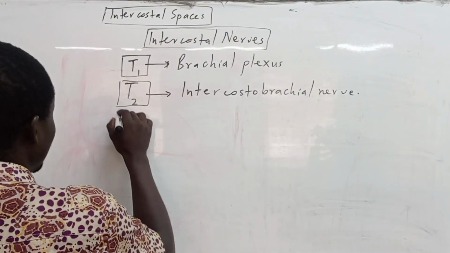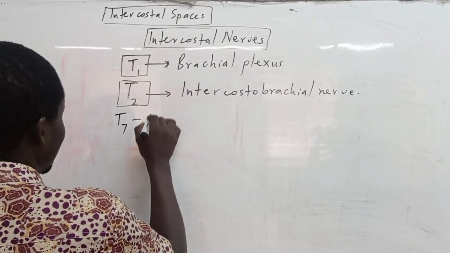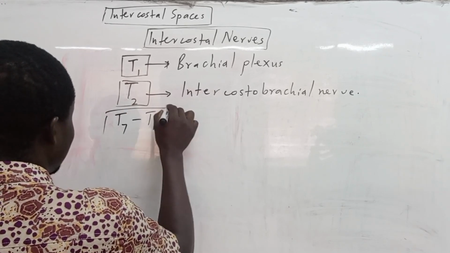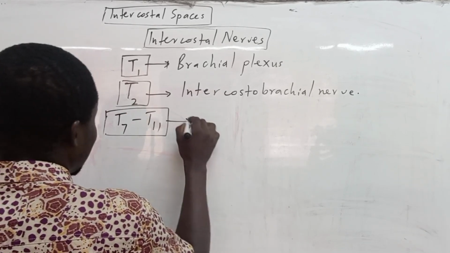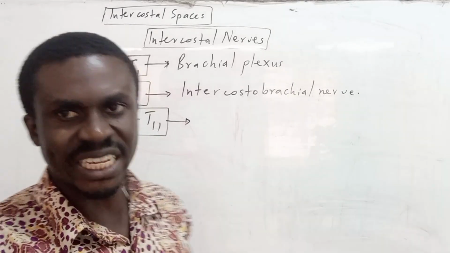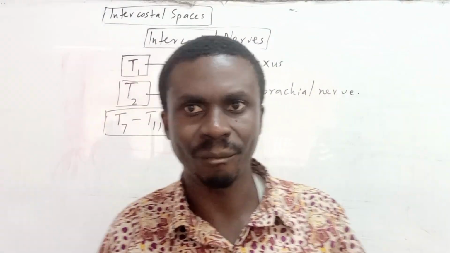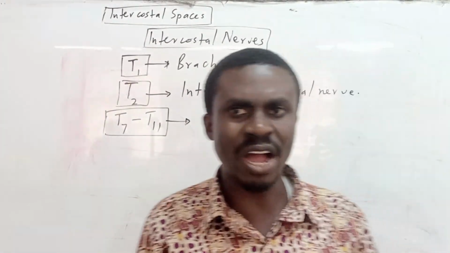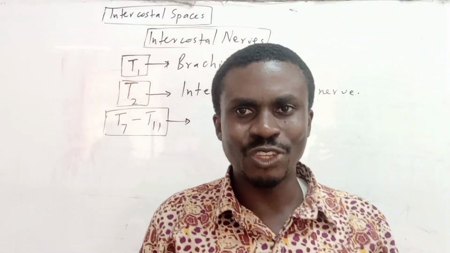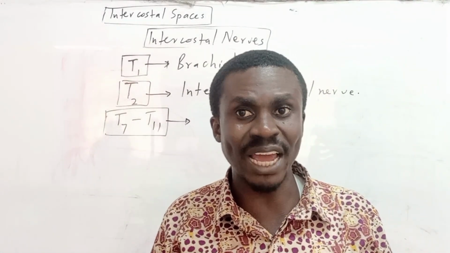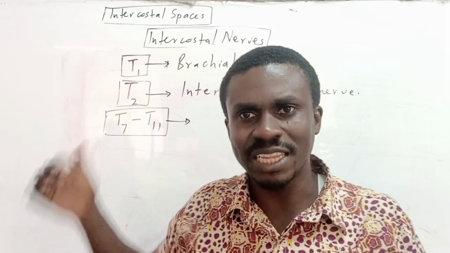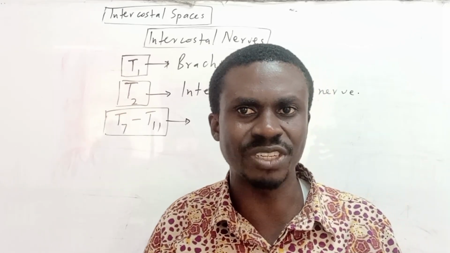Now I go to T7 to T11. T7 to T11 are also atypical. Why? For those of you who have read something on the abdomen, the trilaminar abdominal wall muscles get their supply mainly from T7 to T11.